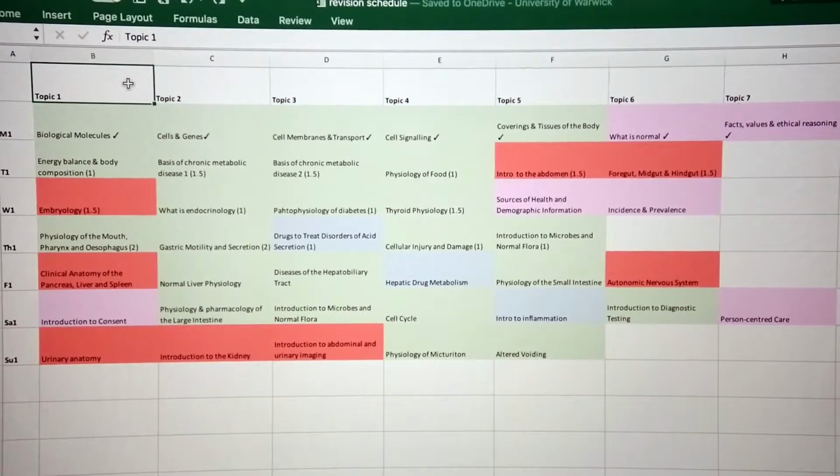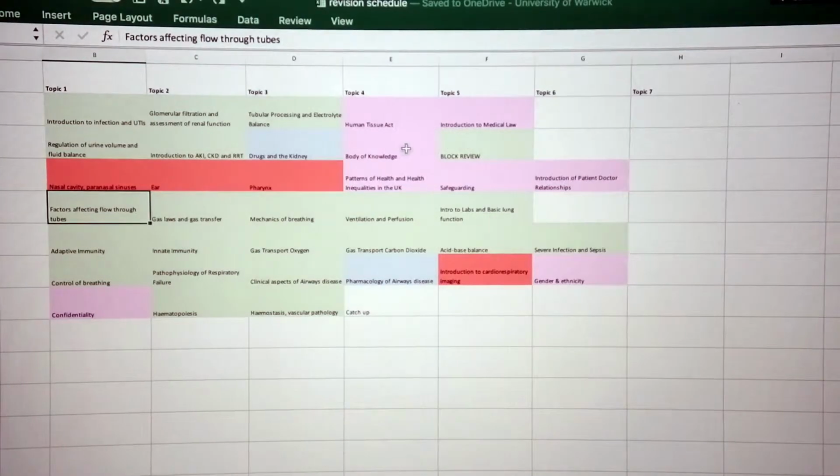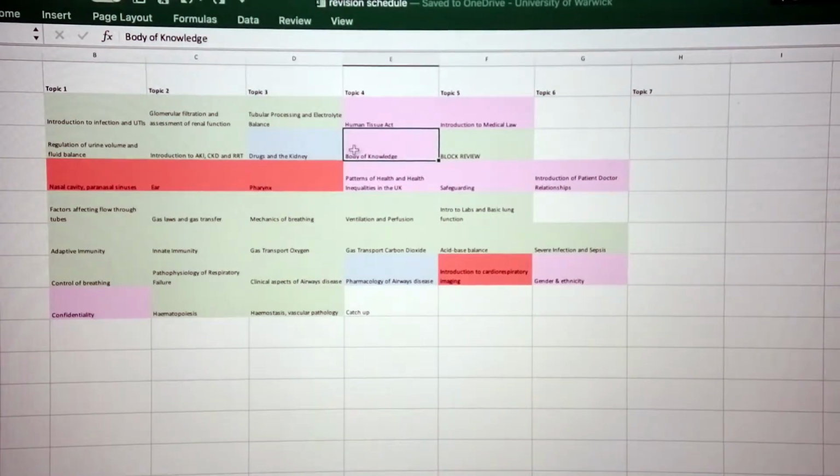Now I'll just try and give you a rough overview. At Warwick our teaching is split up into 5 blocks, which are further subdivided into themes as I've mentioned above. I've mainly based my revision around each block, so all of this is block 1, and block 1 continues all the way up to there, the body of knowledge.